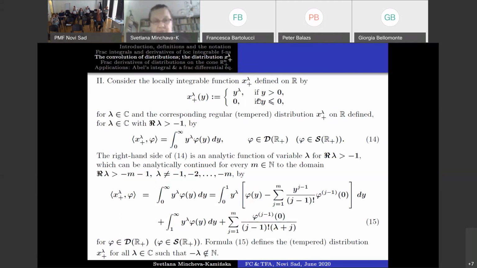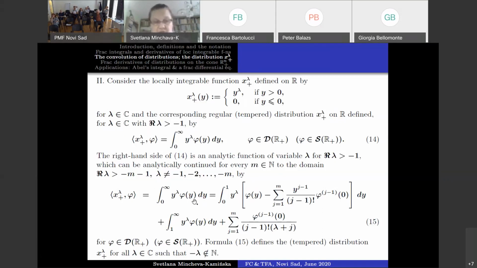And the interesting idea of Gelfand and Shilov is to treat these functions like functions of this complex argument, like the respective tempered distribution for the arbitrary complex number with real part greater than -1. This formula here allows us to have such a kind of treatment of this power function.